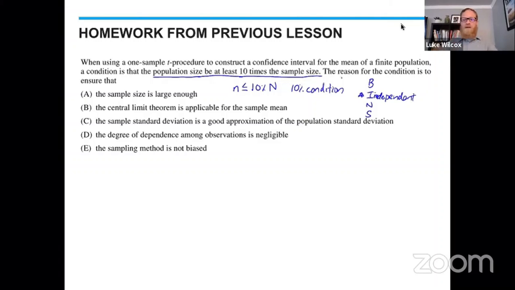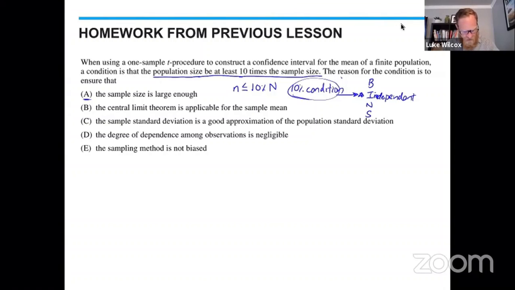And what we said here was that if you are sampling without replacement, then we have to check the 10% condition to be sure that one trial is independent of the next trial. In other words, knowing the outcome of one trial does not change any probabilities or give us any information about the next trial. So we know that the 10% condition has something to do with this idea of independence between the trials. Now, let's look at each one of the answer choices and see what we have here.